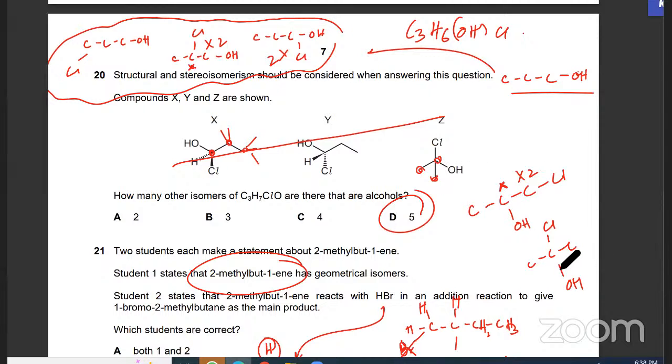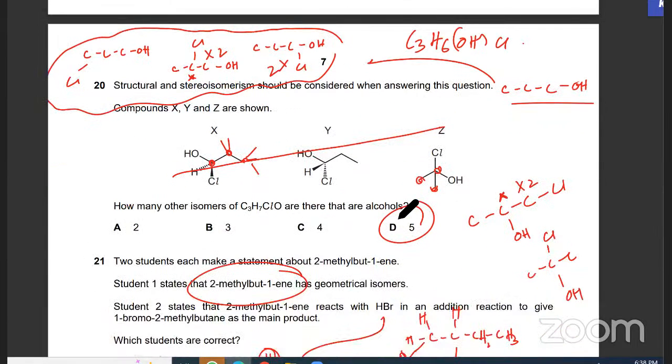And this one is the end carbon atom having everything. So anyways, we've already drawn these 3. Out of the 8, I've subtracted the 3 that were already drawn, so in total, I've got 5.